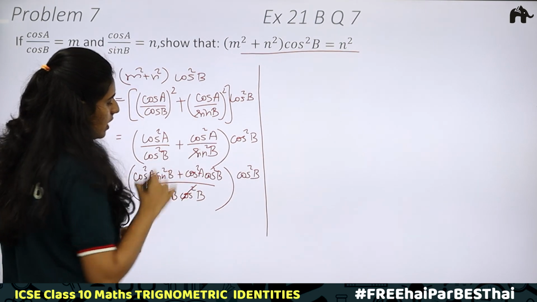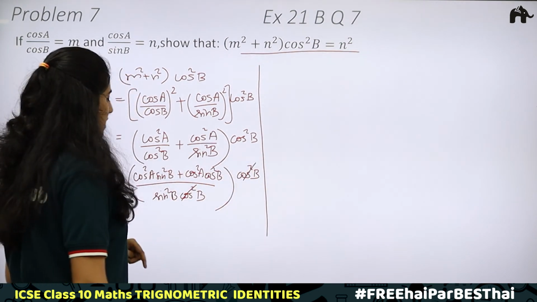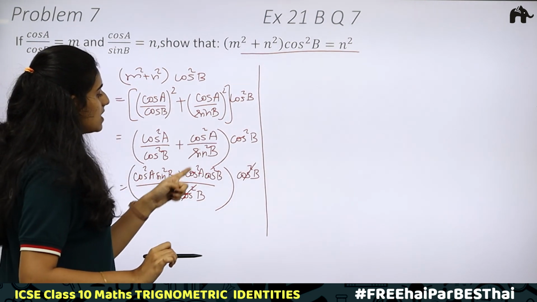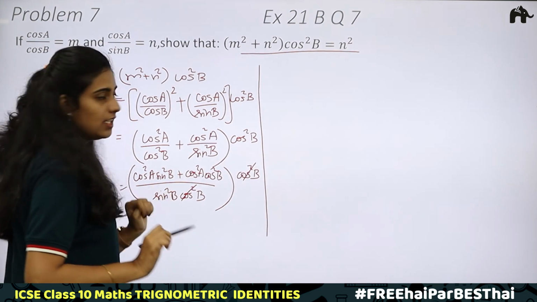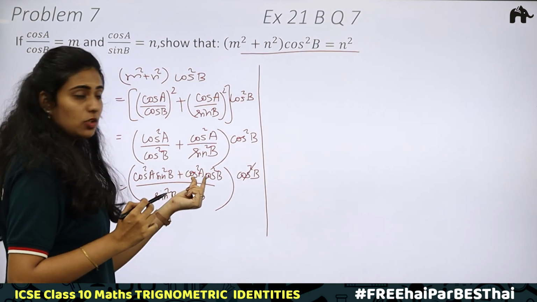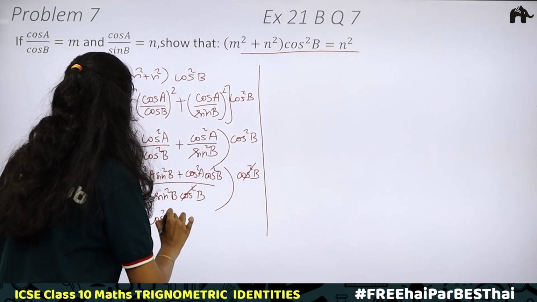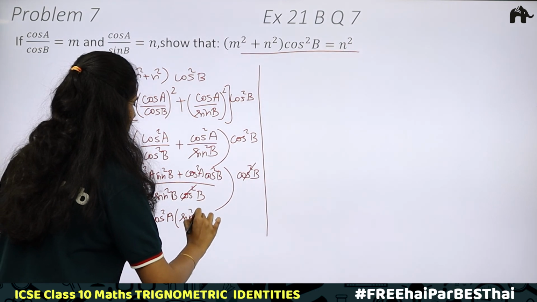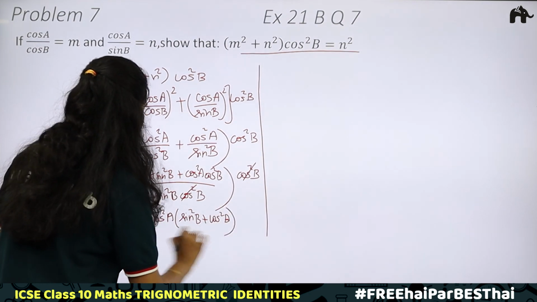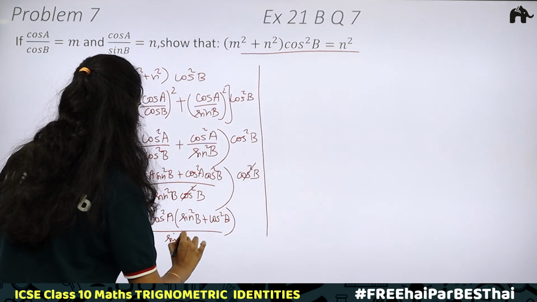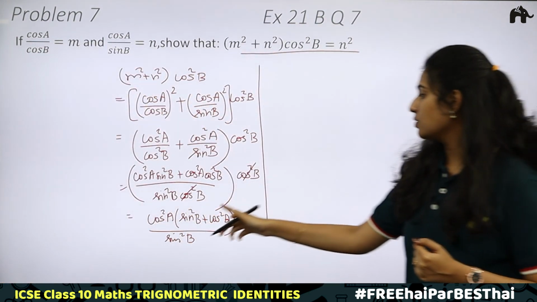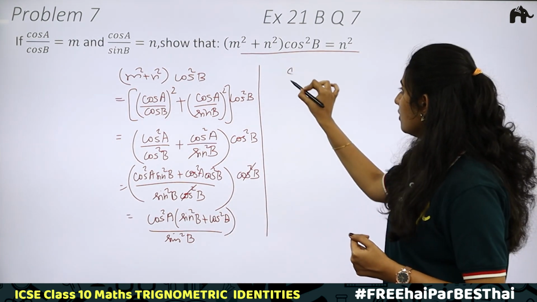Now here we have a cos square B and this cos square B in the numerator can be cancelled. What is remaining? We have cos square A sin square B plus cos square A cos square B divided by sin square B. Now what is common in both these? Here cos square A is common to both. So taking cos square A outside, we have sin square B plus cos square B divided by sin square B. Sin square B plus cos square B is equal to 1, using the identity.